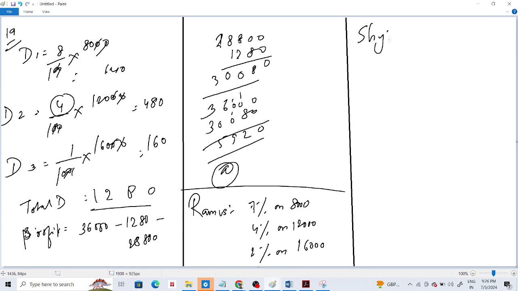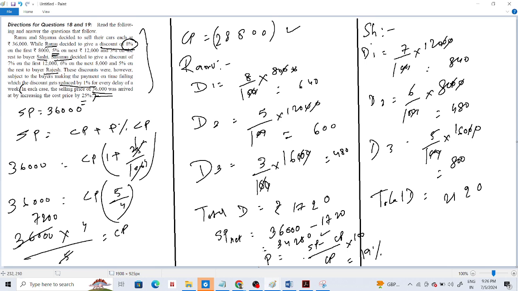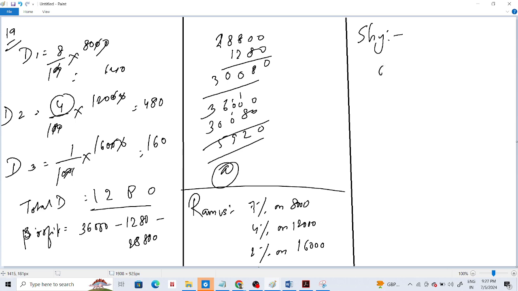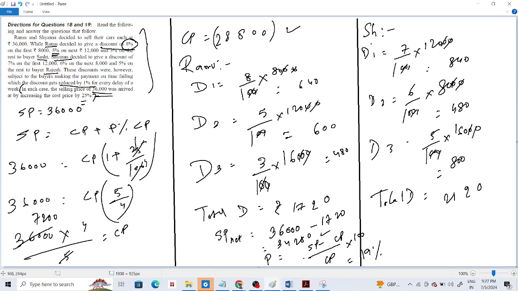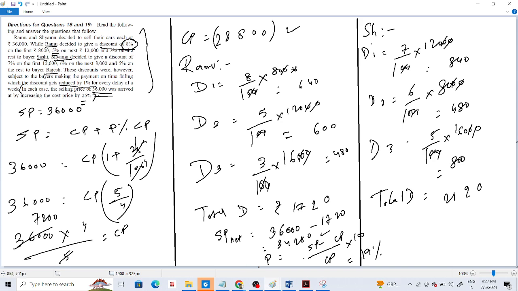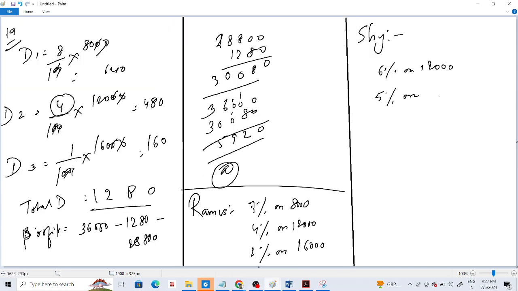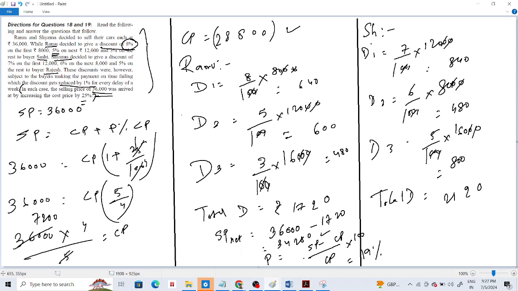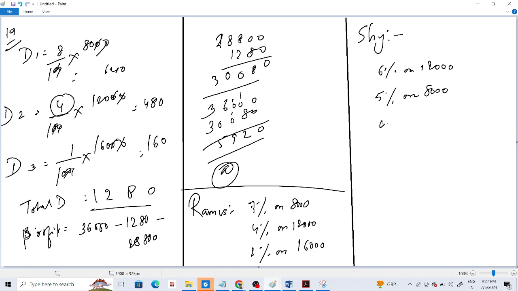Okay, and Shamu, what is going to be his case? 6% on 12,000, then 5% on 8,000, and 4% on 16,000.